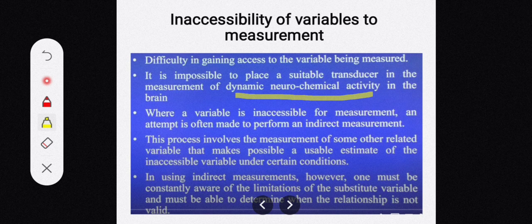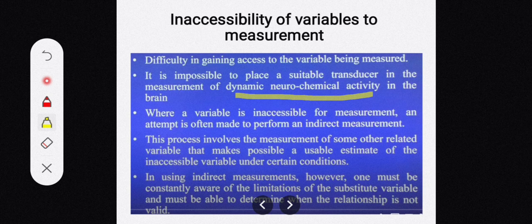And the second point may be given to the medical operation. Even if you have devised a transducer according to the space requirement, where you're going to place the transducer in the human body, the medical operation that is required to place a transducer may lead to the whole measurement being impractical.